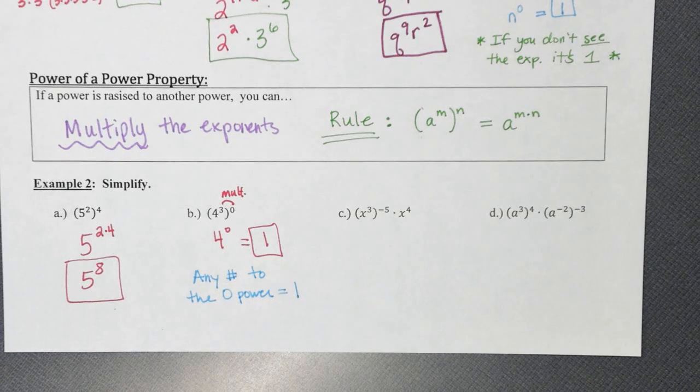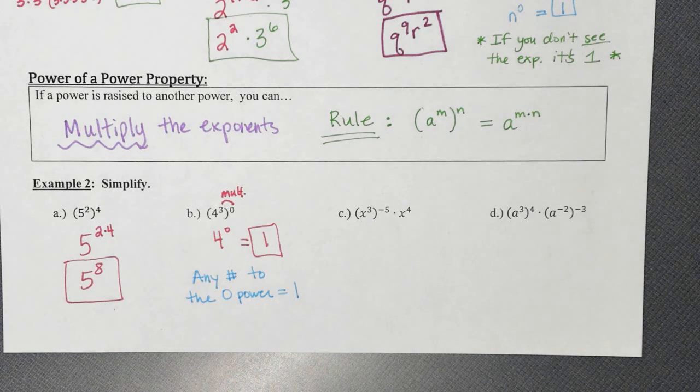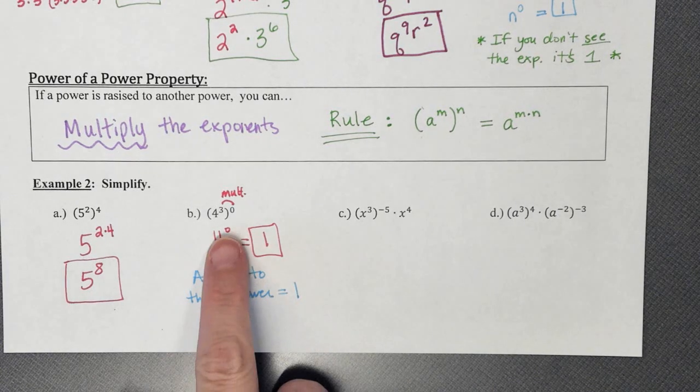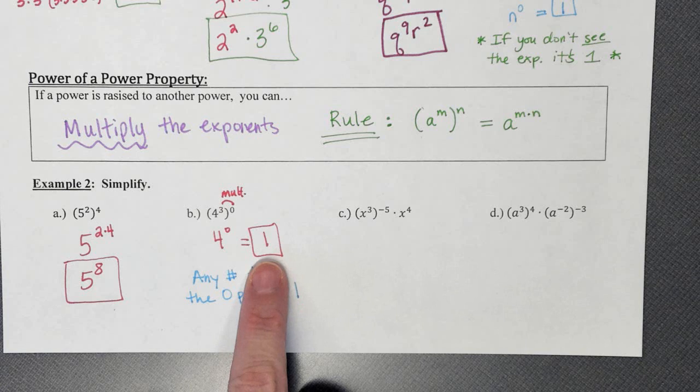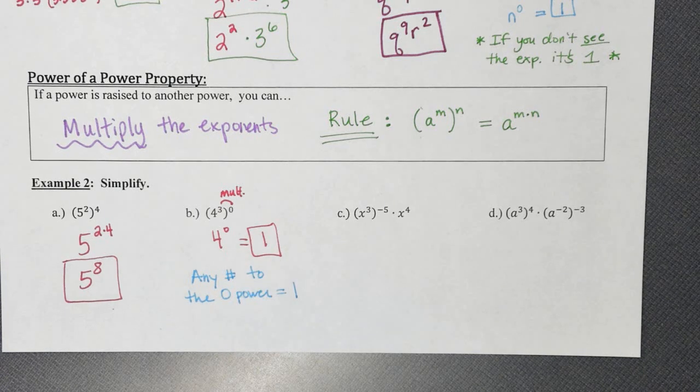Okay, so that's one of our special rules from last week. Any number to the 0 power is going to be 1. The reason why is because if you multiply anything by 1, you get the same thing. Okay, so it doesn't change the value.